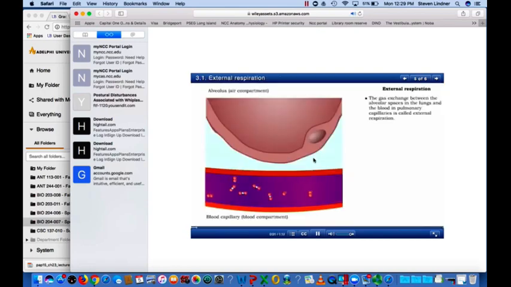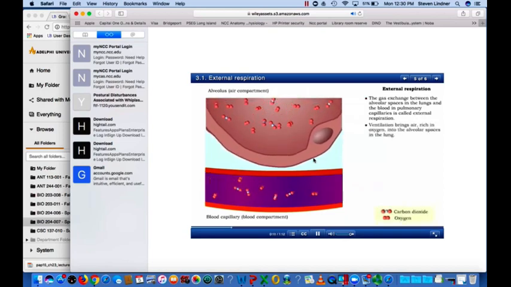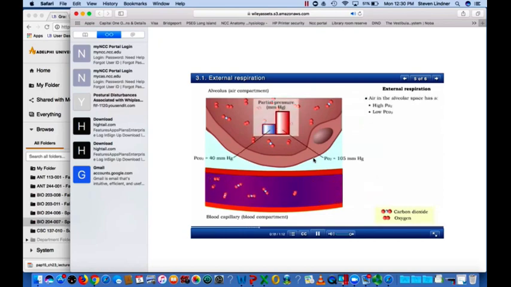The gas exchange between the alveolar spaces in the lungs and the blood in pulmonary capillaries is called external respiration. Ventilation brings air, rich in oxygen, into the lungs and the air spaces in the alveoli. Alveolar air has a higher oxygen concentration and consequently a higher partial pressure of oxygen than the blood entering the lungs.